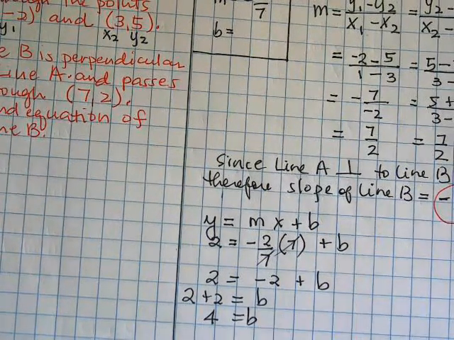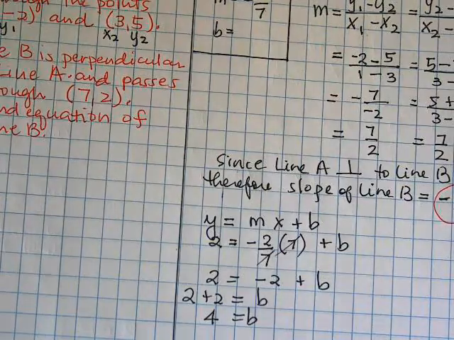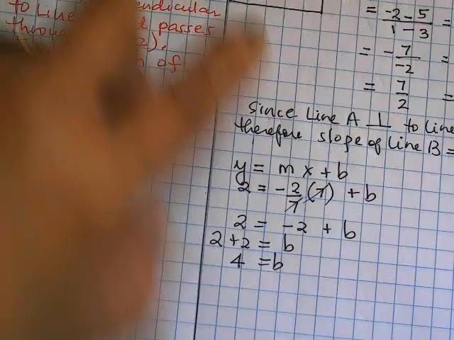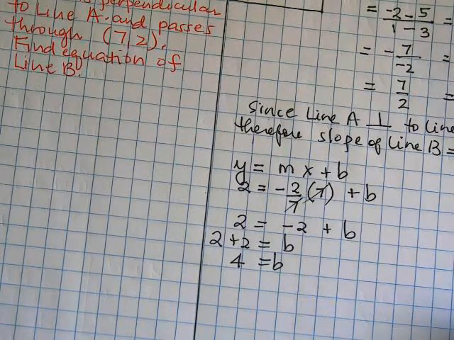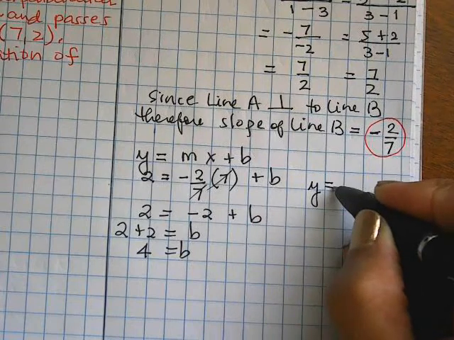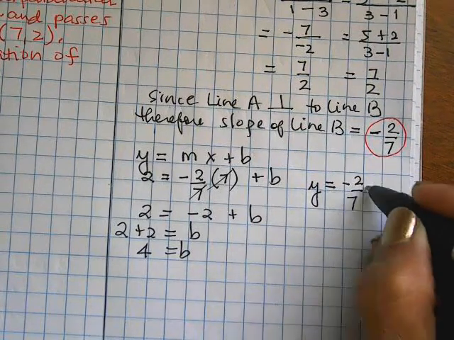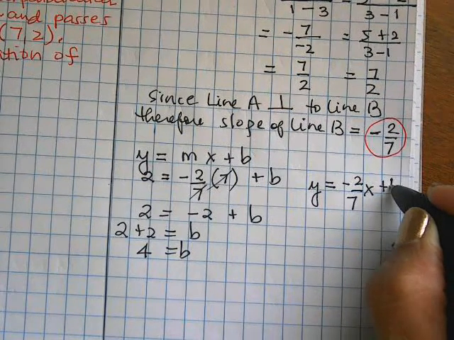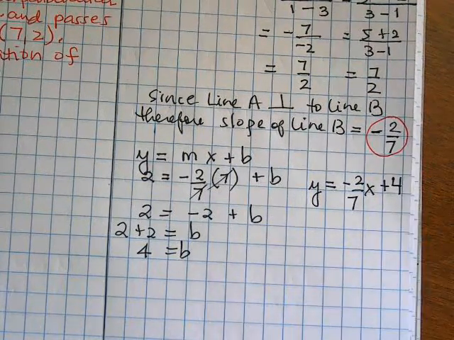Okay, so b is 4, then we can now construct our slope-intercept form. So y is equal to m, negative 2 over 7, x plus 4. And then multiply. So this is your slope-intercept form.